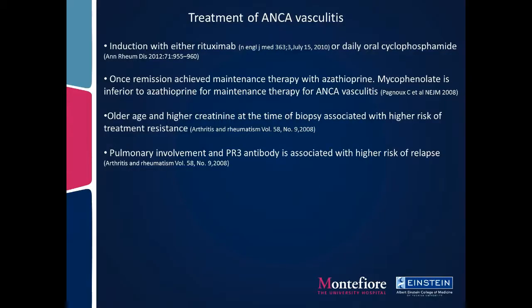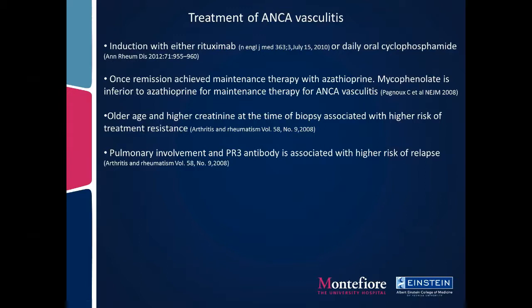How do you treat patients with ANCA vasculitis? So it is divided into induction phase and maintenance phase. For induction, the first line of treatment these days is rituximab. This was based upon the RAVE trial that was published in 2010. It looked at the non-inferiority of rituximab compared to oral cyclophosphamide, and it was found to be non-inferior. So the first line of treatment is either rituximab or daily oral cyclophosphamide for induction.